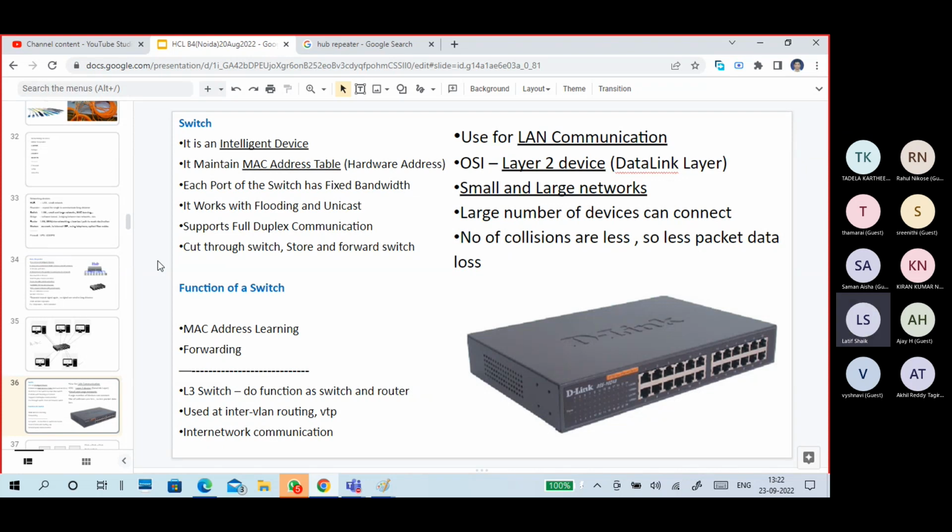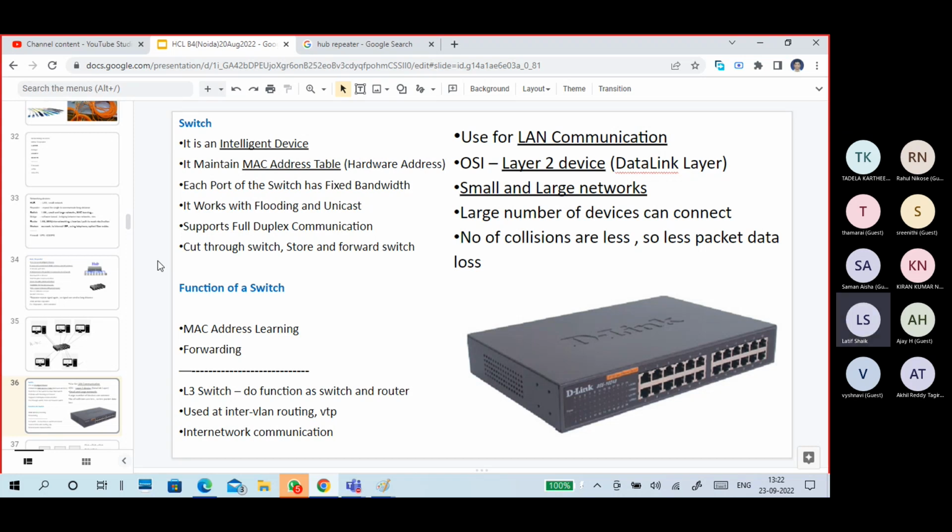A switch has a higher number of ports, like 8 port, 16 port, 24 port, 48 port, and 72 port switches also exist. So we can connect a higher number of devices. In any larger network, if you want to connect more than 3-4 PCs, it is better to go for a switch only. The number of collisions is lower, so packet loss is also lower in switches.